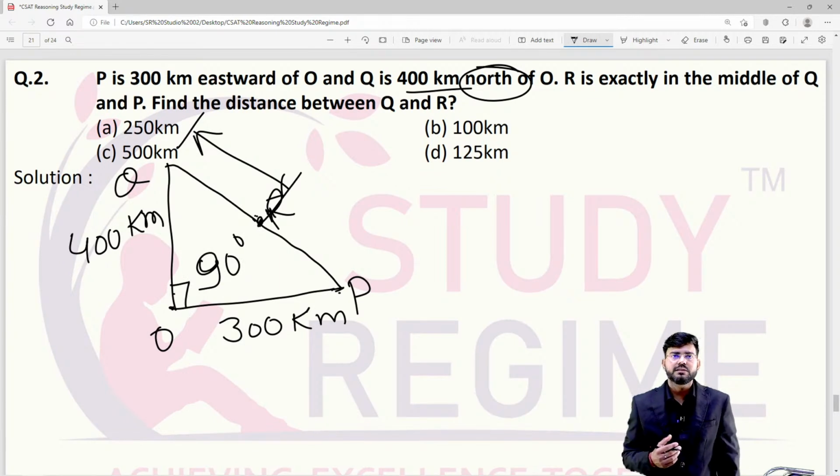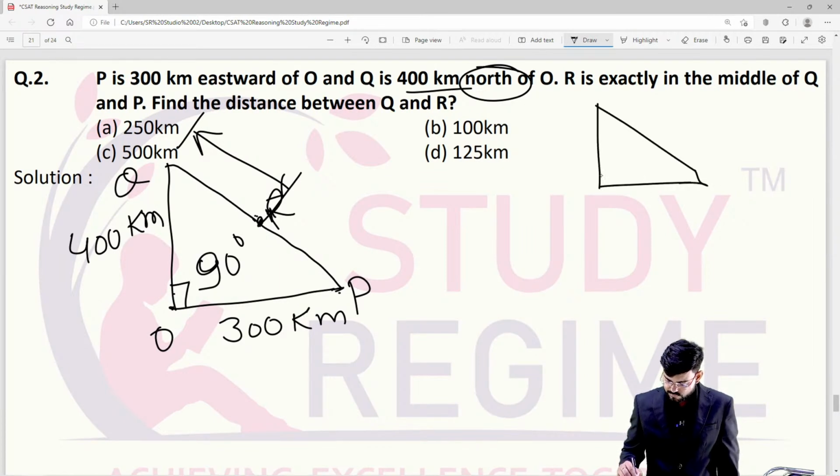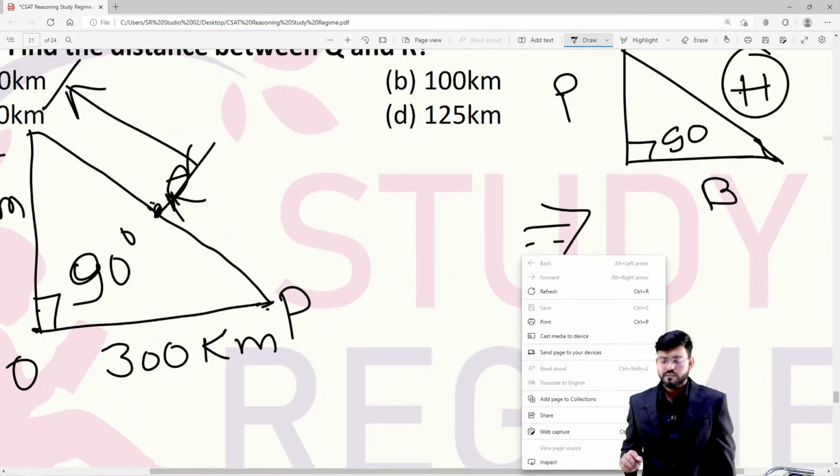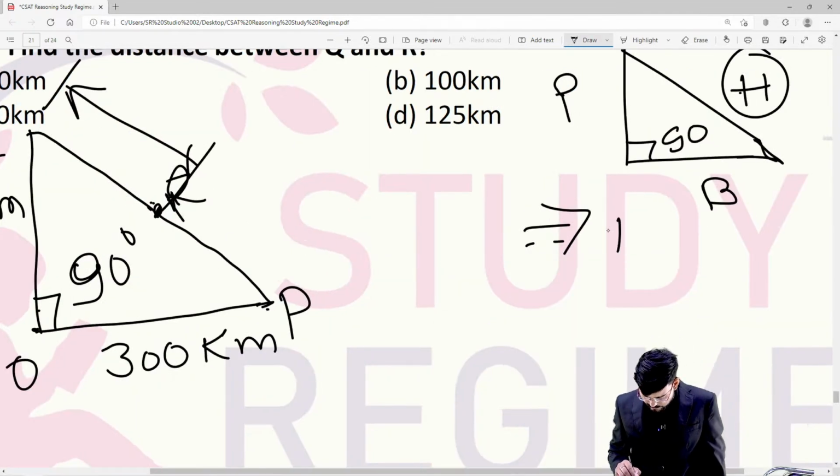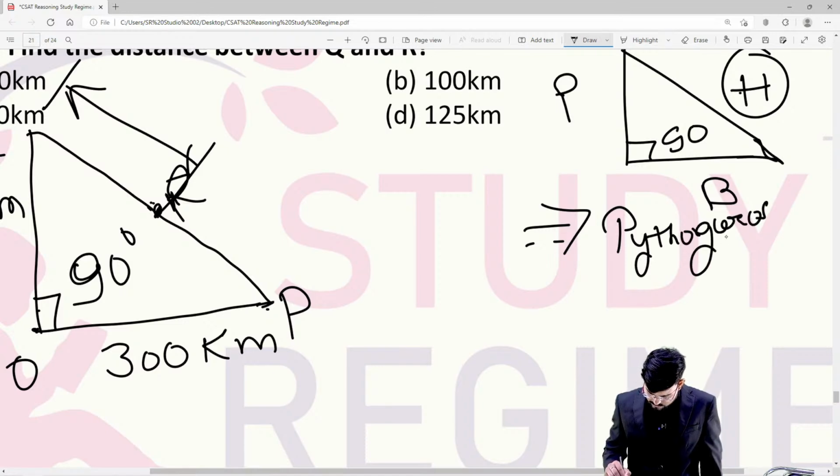A triangle which has one angle as 90 degrees is called a right angle triangle. Here the angle is 90. This is the hypotenuse, this is the perpendicular, and this is the base. In any right angle triangle, we apply the Pythagoras theorem.